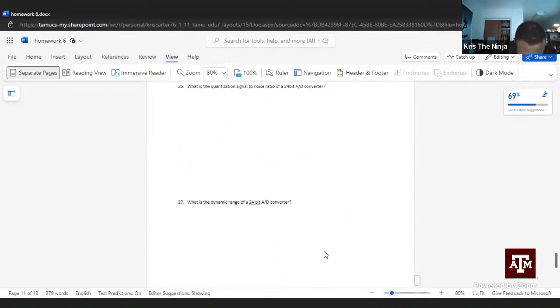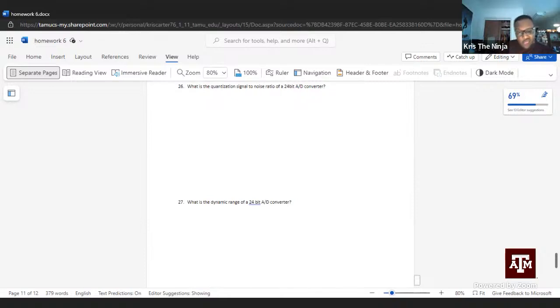What is the quantization signal to noise ratio of a 24-bit A to D converter? So we just do square root of 12.